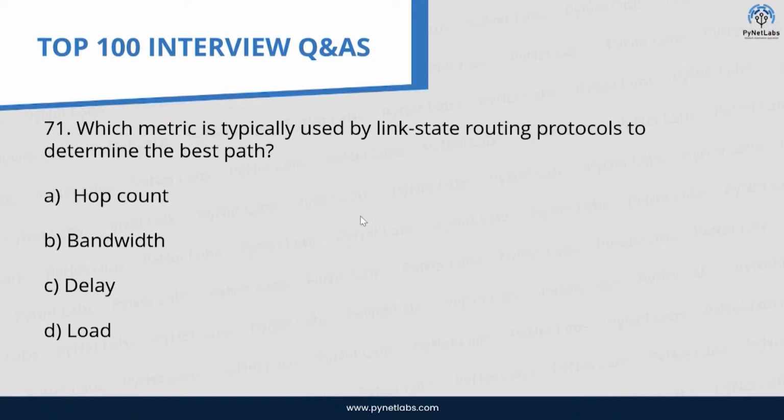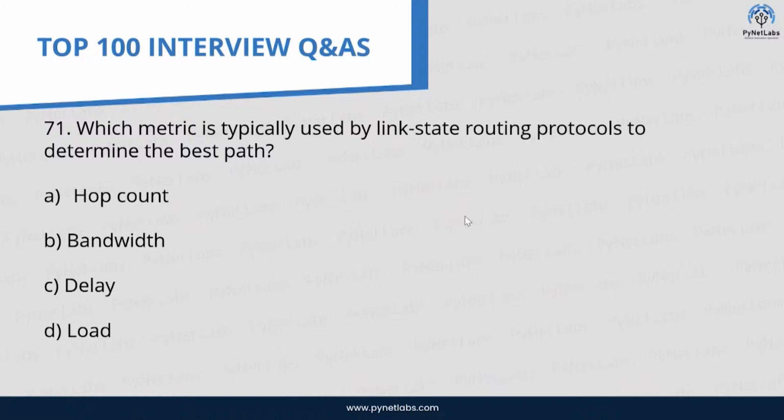As per this question, the correct answer is option B, bandwidth, because link state routing protocols such as OSPF and IS-IS typically use multiple metrics to determine the best path, and these may include the rest of the other options as well.